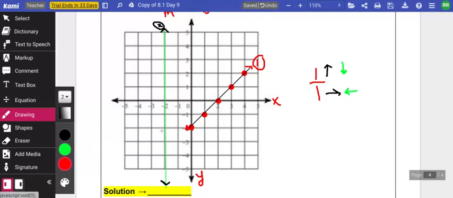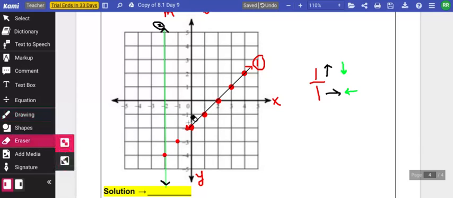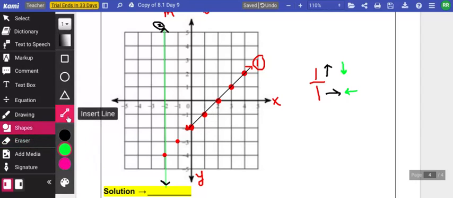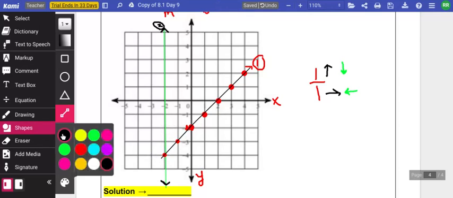Okay, so from b, if I were to go down 1, left 1, there's a dot, down 1, left 1. And so there would be my intersection. Okay, if I extend this line, it would keep going and the intersection would occur right there.